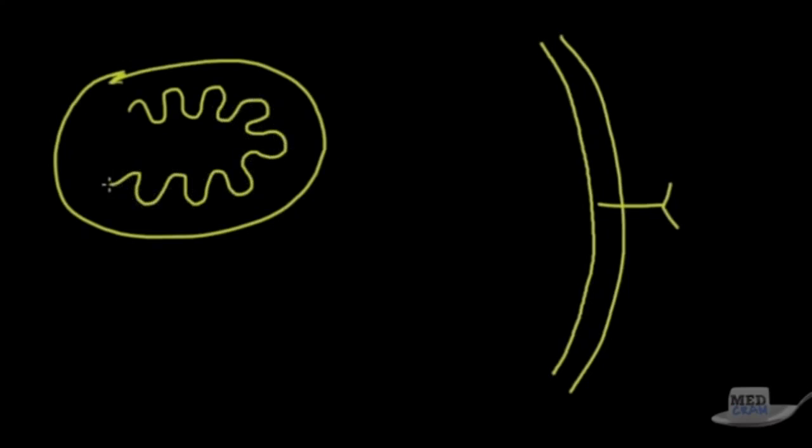The matrix is that inner part. Now remember where things are. You've got glucose outside the cell that wants to move inside, and you've got fatty acids as well. We'll draw a fatty acid here.